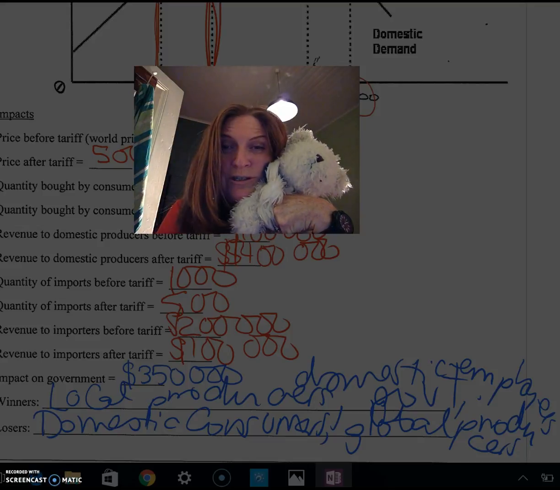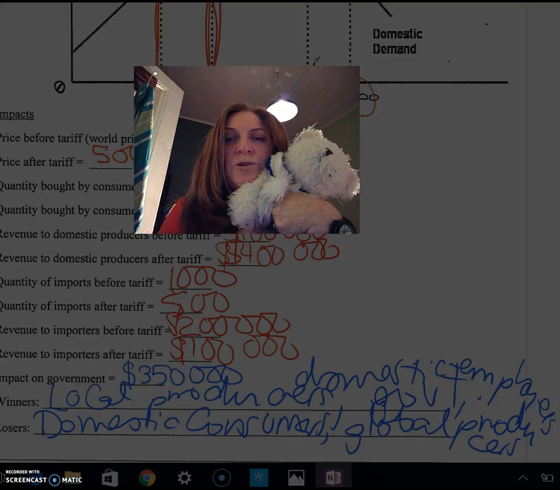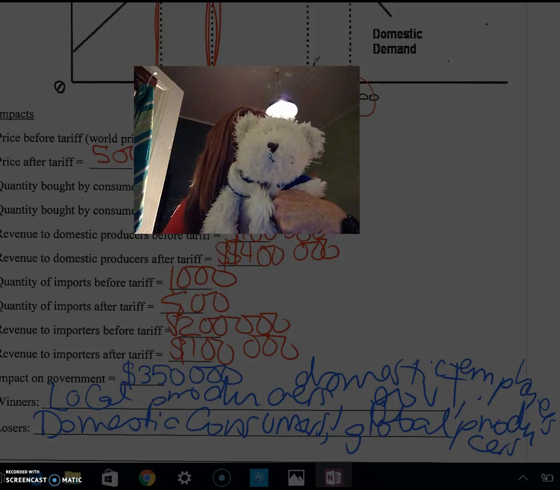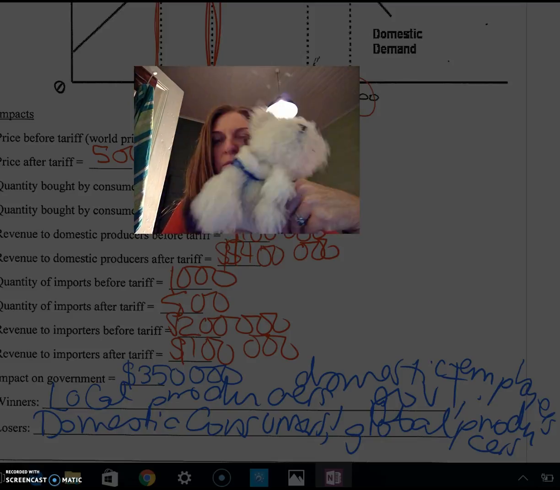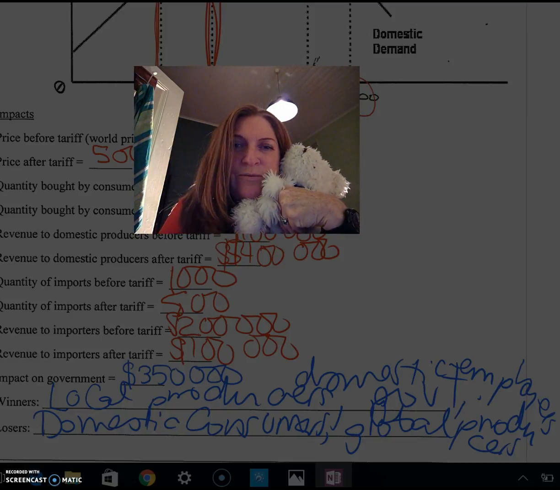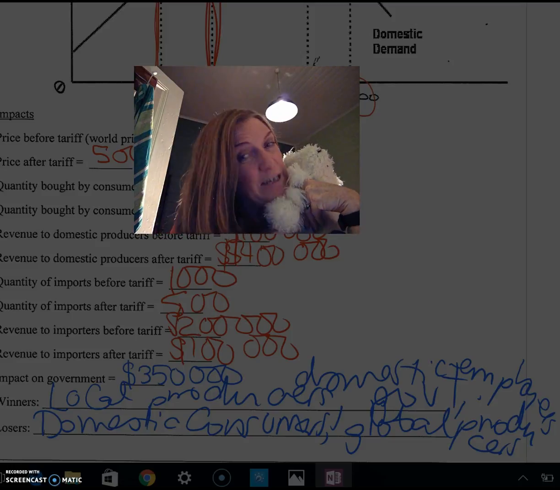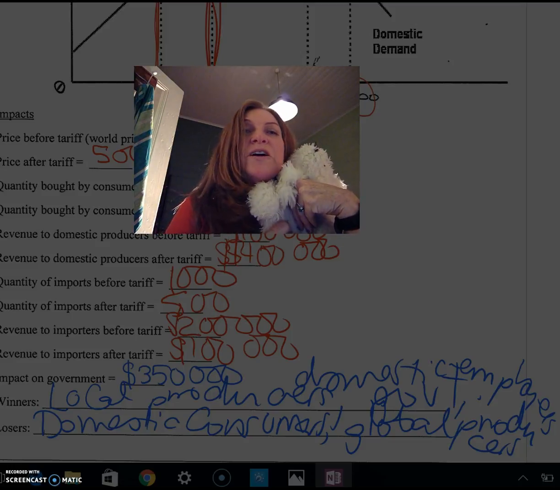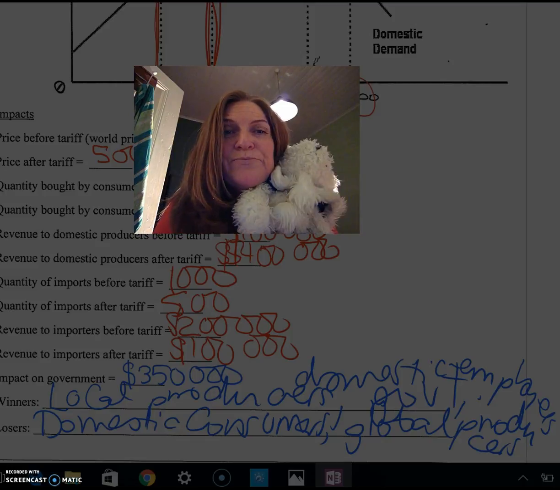Now it's your turn. This tariff diagram is all about teddy bears, Sydney's favourite teddy bear. So now it's your turn to have a go at the tariff diagram in terms of teddy bears. Good luck.